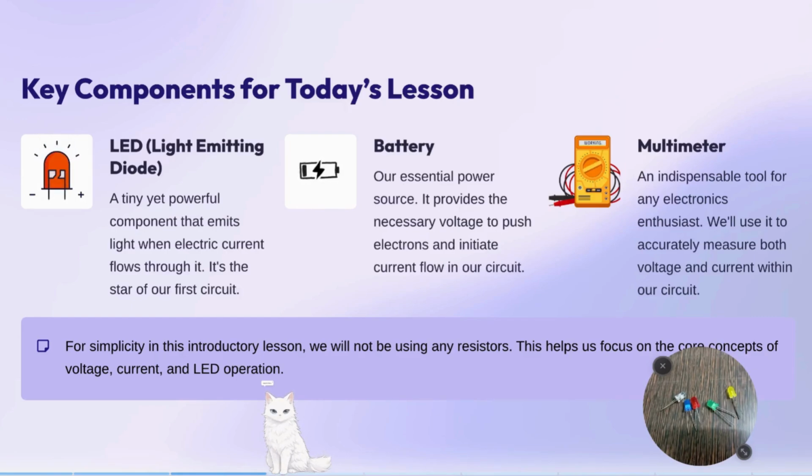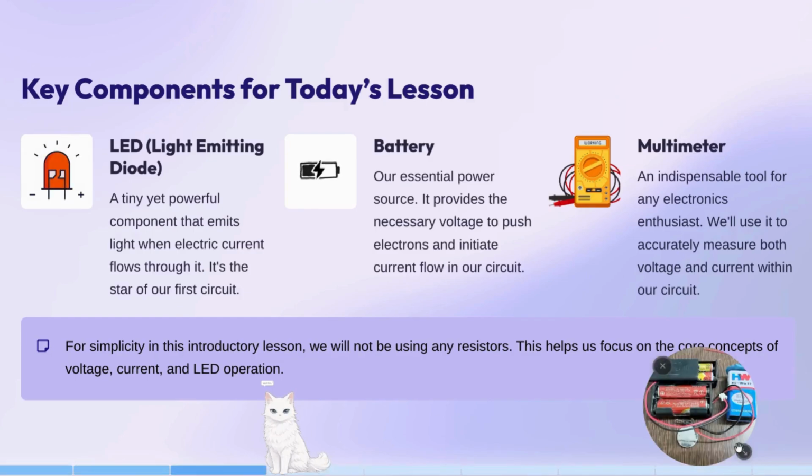Okay, now the battery. Even a battery has two power wires, positive and negative. Let me quickly show you what a battery looks like. All right, these are the different kinds of batteries that we have.